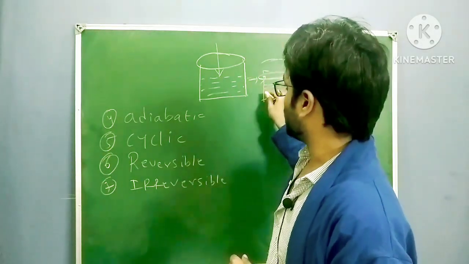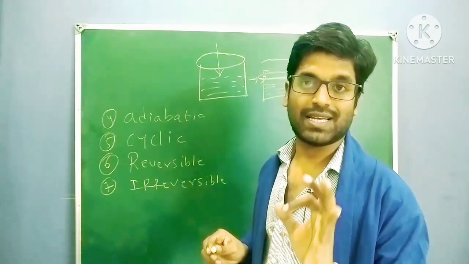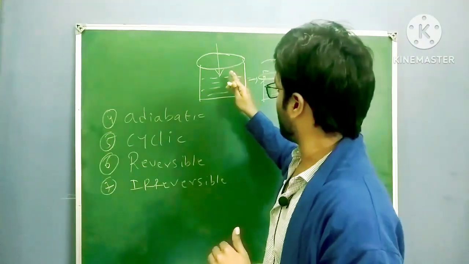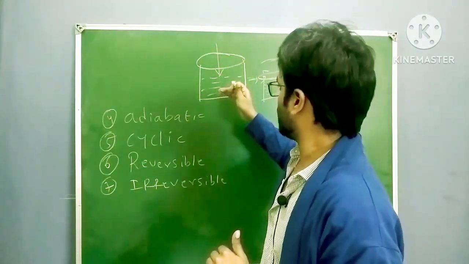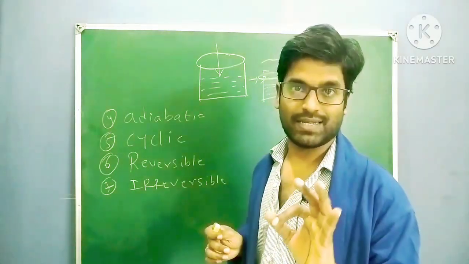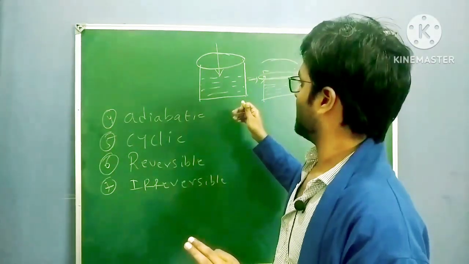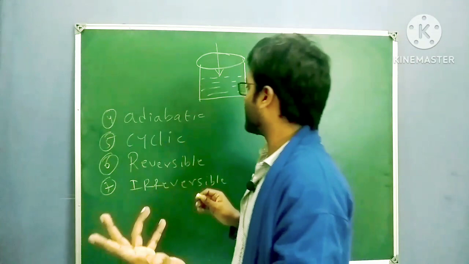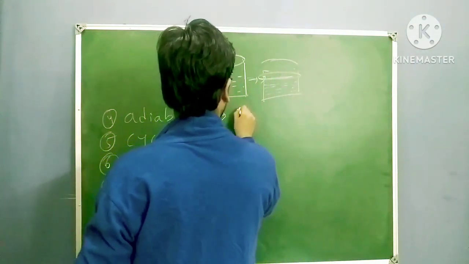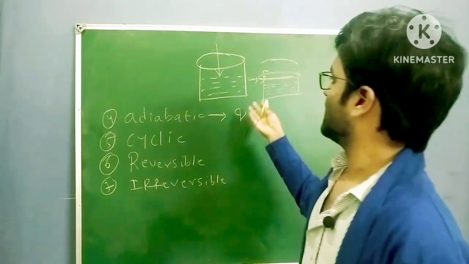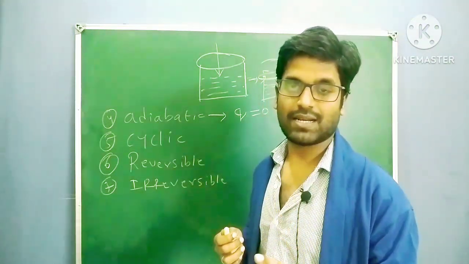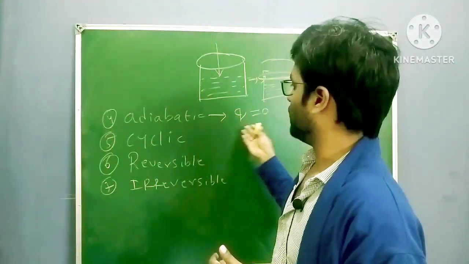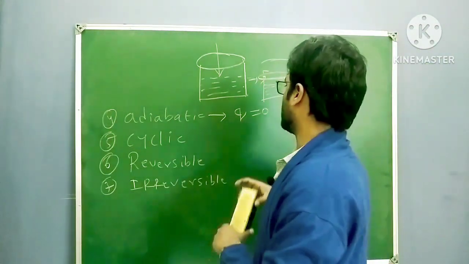So the process in which heat cannot transfer between the system and the surroundings, even if you apply some operation on the system and the state changes, is called an adiabatic process. Whenever heat is not exchanging, my Q, heat, equals 0. So in an adiabatic process, Q equals 0.